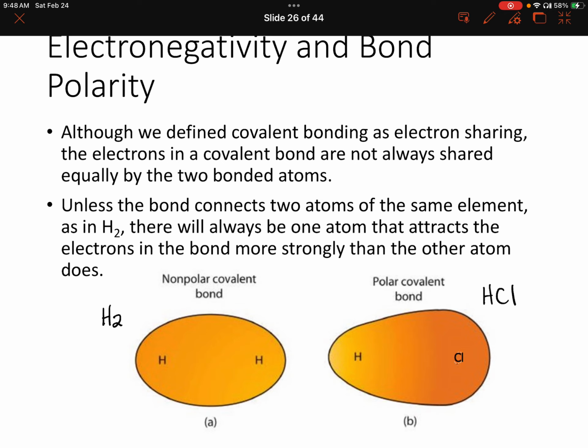So on the left, because the electrons are shared equally, we're going to call this covalent bond a non-polar covalent bond. And then in HCl, because the two electrons are not shared equally, we're going to call that a polar covalent bond.